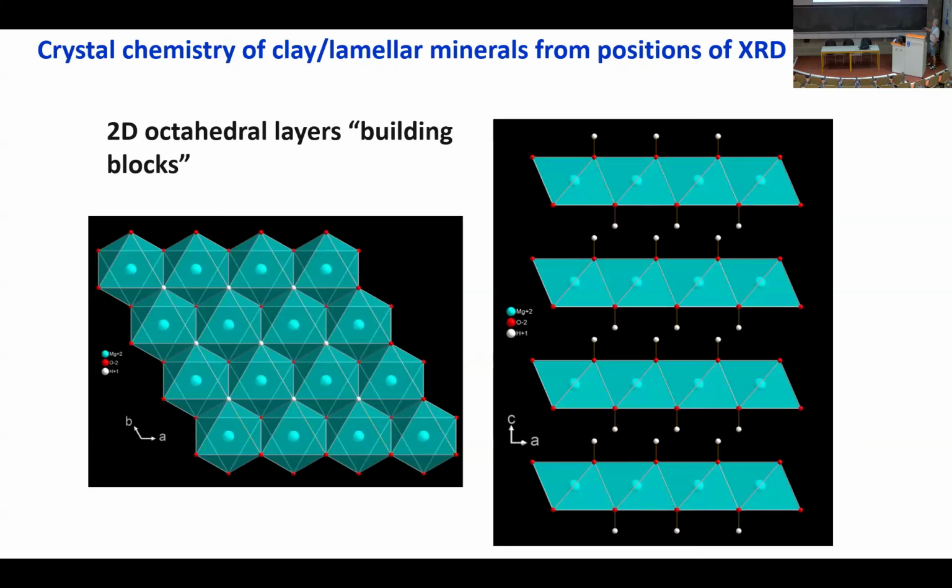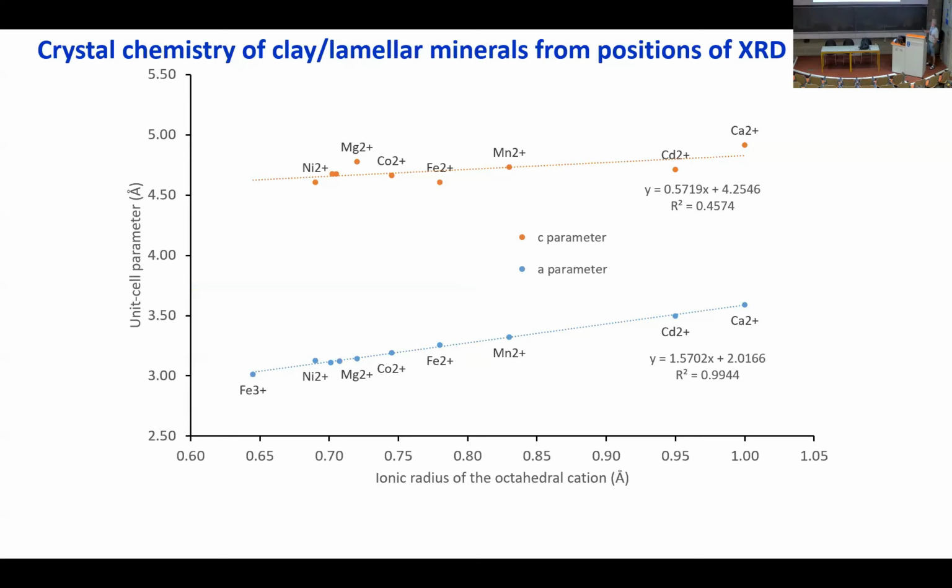But from one layer to the other, the bond will be much weaker, and probably there is no direct link between the size of the cation here and the distance from one layer to the next one. And this is clearly what we see here. For in-plane distances, we have an extremely good regression line. For the one perpendicular to the layers, we have a much weaker regression.